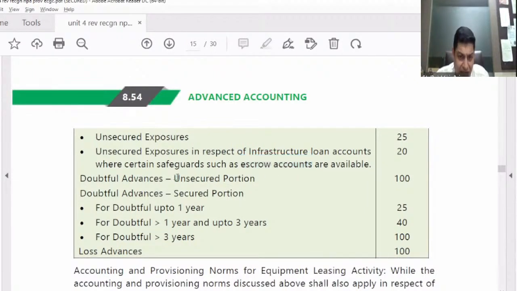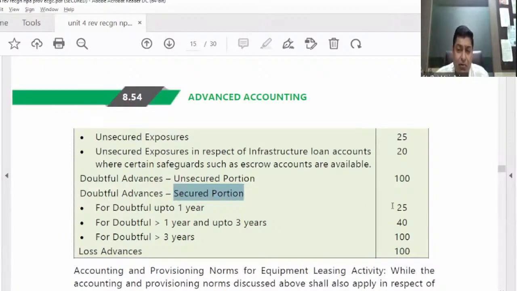Then doubtful. If it is unsecured, 100%, no chance. It is doubtful and we don't have any security, forget about it, provide 100%. If it is secured, okay, we have some security, then as I told you 5-7 minutes before, we have separate categories, D1, D2, D3, doubtful 1, doubtful 2, doubtful 3.